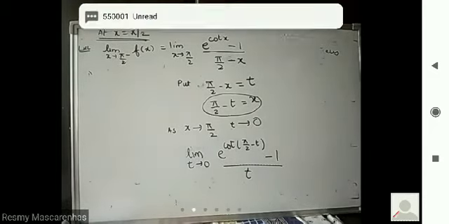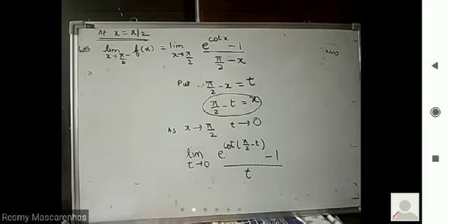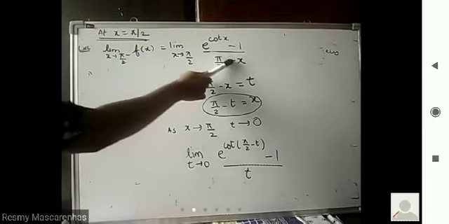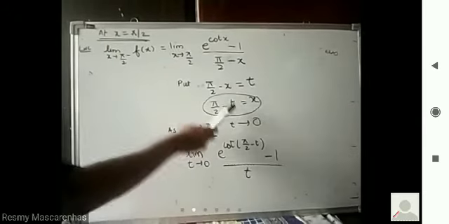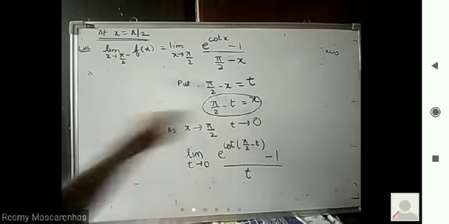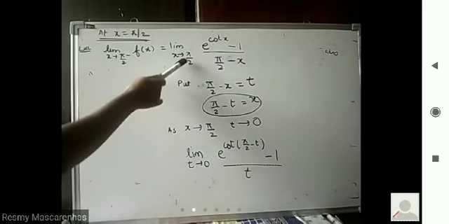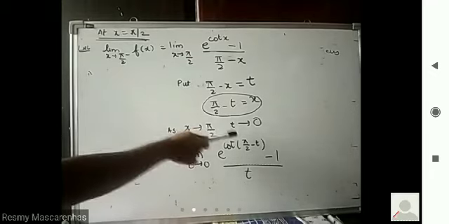Now everything I wrote in terms of t. So what I have done is just equated this to t. Then for my substitution, what should be x? So I found out what x is. x is nothing but pi by 2 minus t. Now even the value of this will get changed. So x is pi by 2, then how much is t?